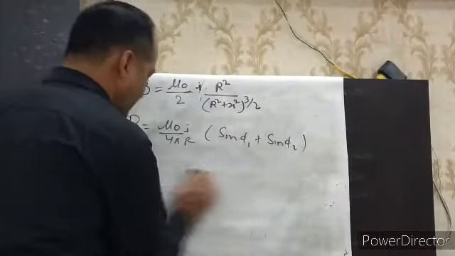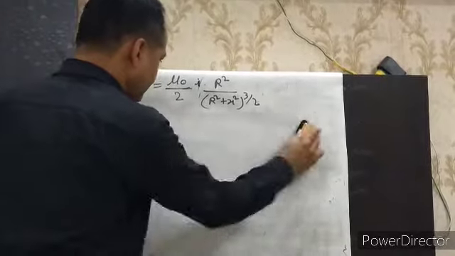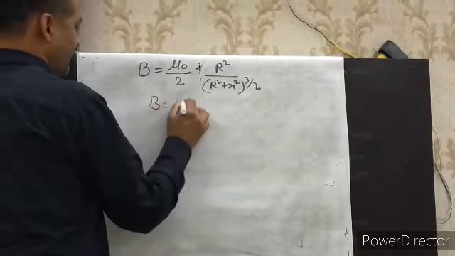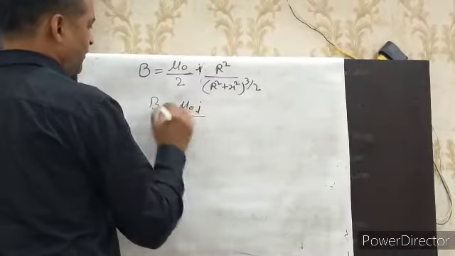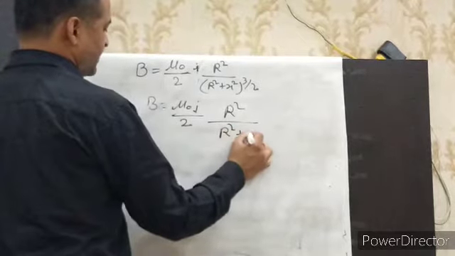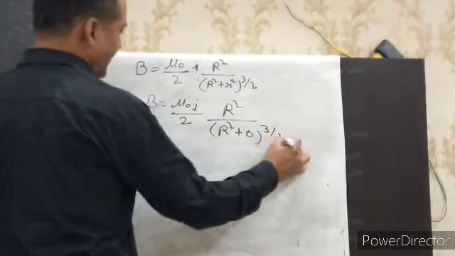When x is equal to 0, substituting here, B equals mu naught I by 2, R square upon R square plus 0 whole power 3 by 2.